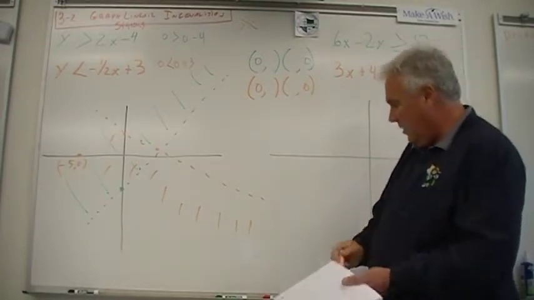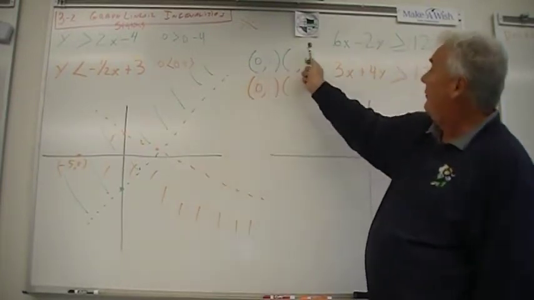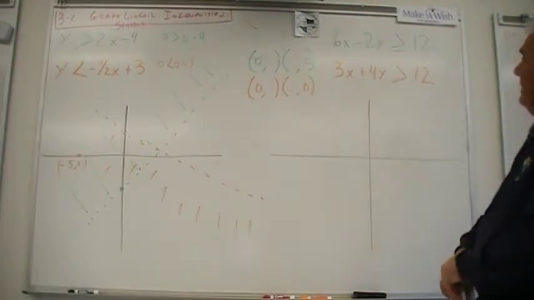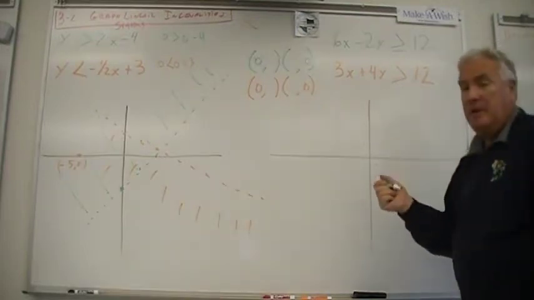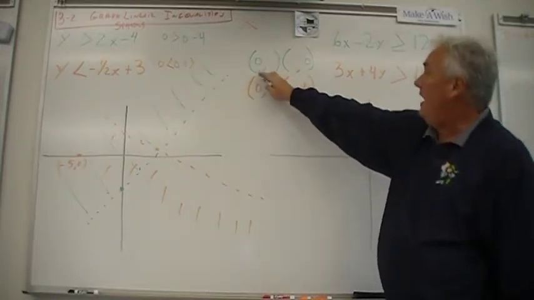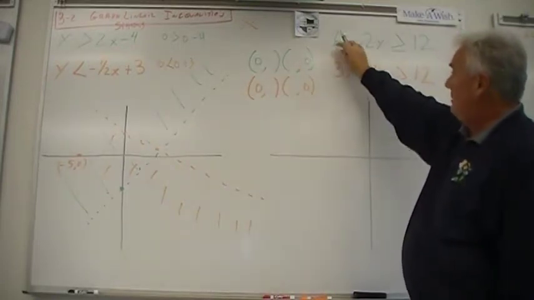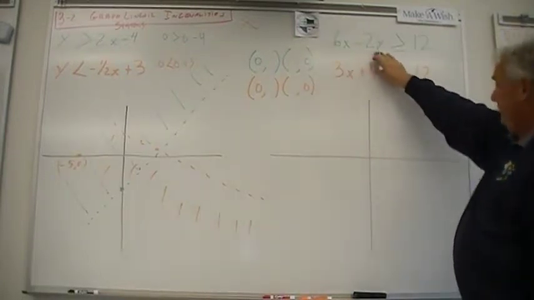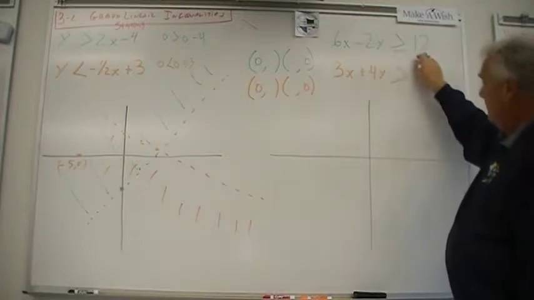Let's look at one that has standard form. So here's one that has standard form. And remember what we do. I'm hoping you're getting used to this now. Where are the intercepts? X is 0. So put 0 in because 0 times 6 is 0. Negative 2y and 12.